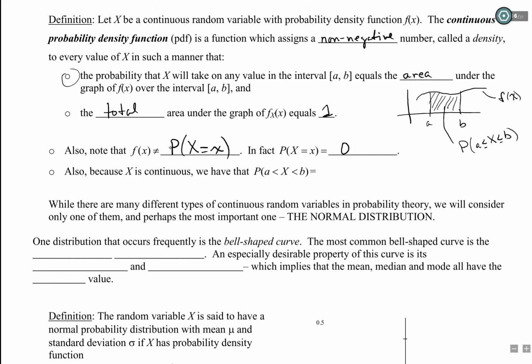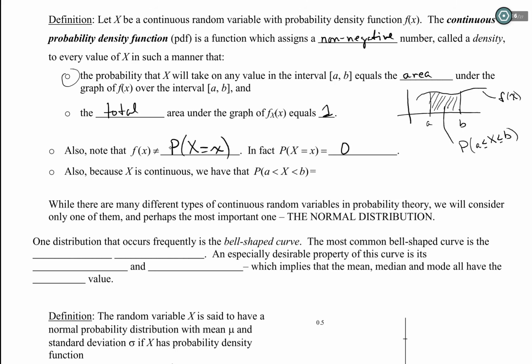The area of a line is 0. Single point probabilities in the continuous case are 0. That was not the way it was with the discrete random variables, or with the binomial distribution, but that is how we treat continuous random variables: point probabilities are 0.